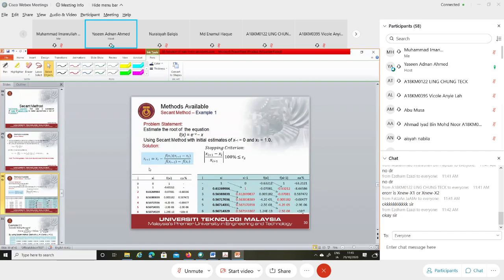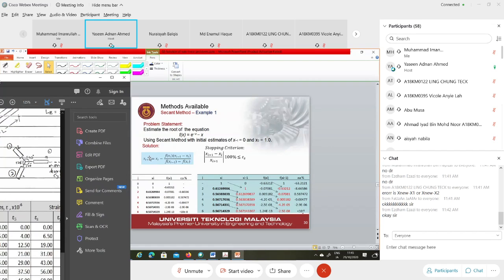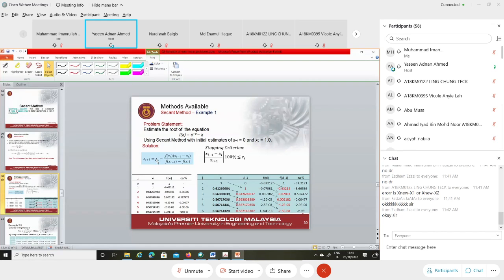So if you consider the new is 3, so x3 will be x2 minus f of x2 multiplied by x1 minus x2 divided by f of x1 minus f of x2.